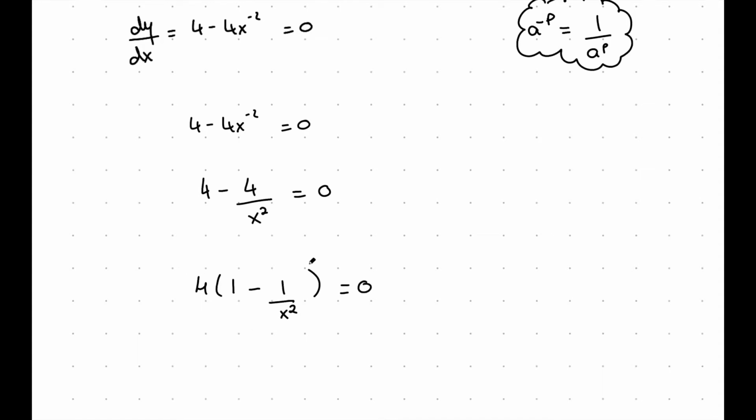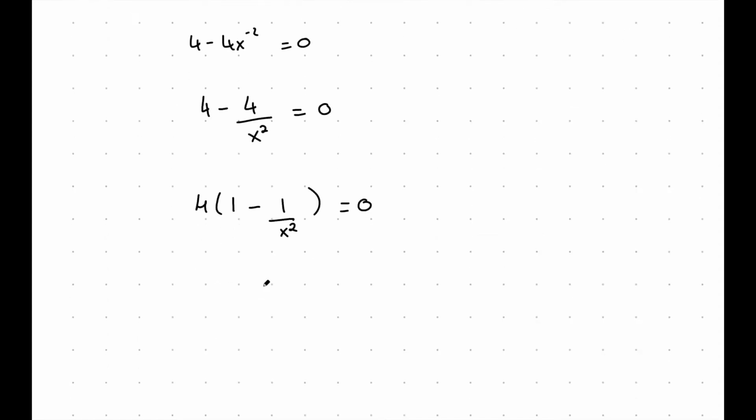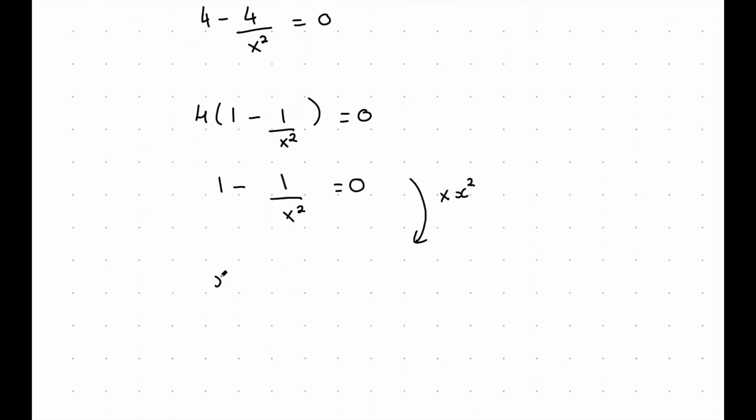Now what I can do is divide everything through by 4, and I'm going to be left with 1 minus 1 all over x squared is equal to 0. I still don't want that fraction there, so what I'm going to do is multiply everything through by x squared. And if I do that, I'm going to have x squared minus 1 is equal to 0.